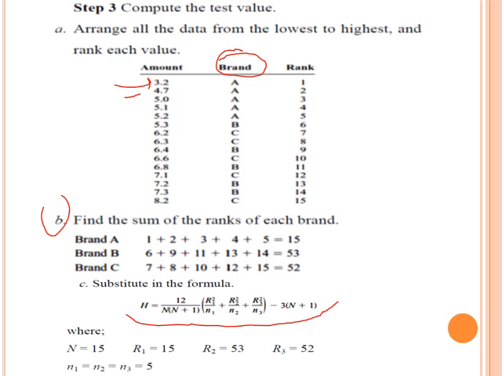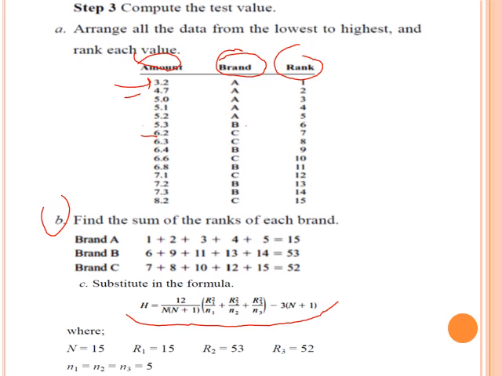The next value, 4.7, comes from A, and 5 comes from A. Here 5.3 comes from brand B, 6.2 comes from C, and so on. So in the first column, you arrange all the data from lowest to highest, in the second column you write which brand each value comes from, and then in the third column you write the rank.